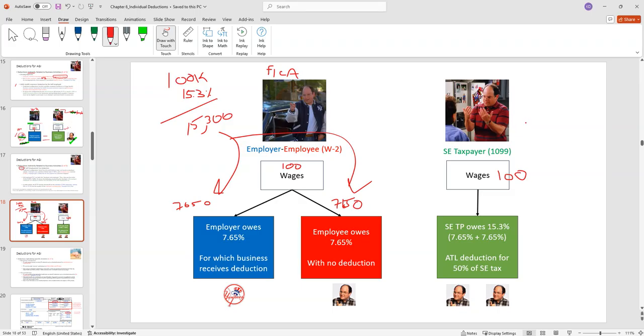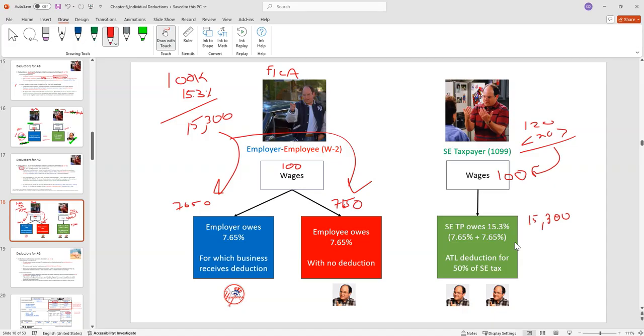So maybe it was 120 gross, he had 20 in expenses, so he lands at 100 on that Schedule C. Now, because he is both the employer and the employee, he's going to be responsible for all $15,300, and that's just a ballpark number. The calculation of self-employment tax is a little bit more complex.